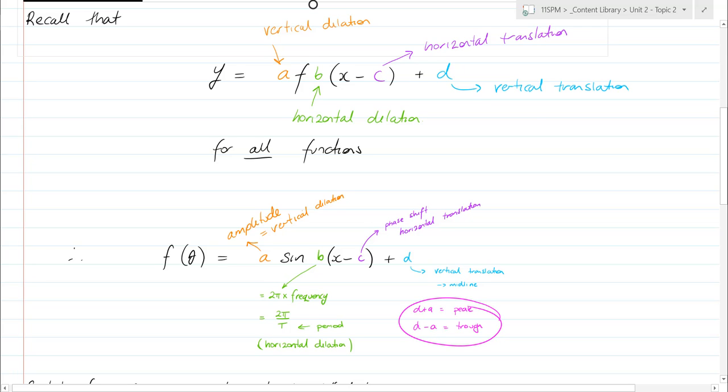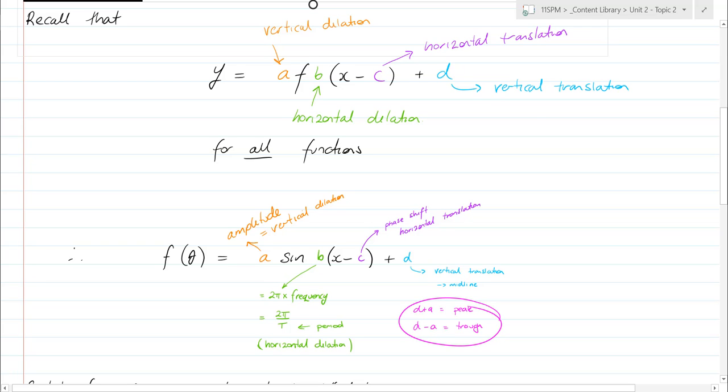And those four things do four very specific things to the function, particularly to the graph and the shape and how it looks. They do those four things for any function. It's always true. So the a, if you multiply on the outside of the function by a number, that's a vertical dilation by that exact factor. If you multiply by 2, it stretches by a factor of 2.